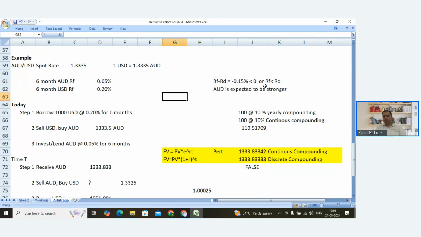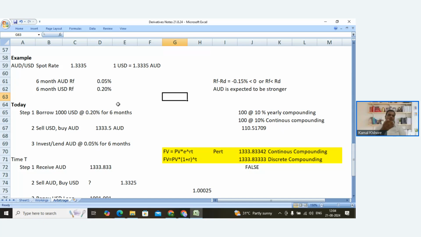Or very simple, if my foreign currency interest rate is less than the domestic currency interest rate, then the foreign currency is expected to be stronger. The currency which has a lower interest rate is expected to be stronger, and it will go for a premium. So this summary is there in your material replication chapter. Check.